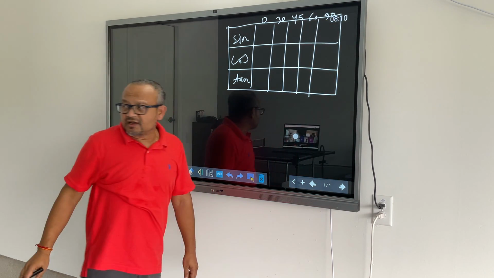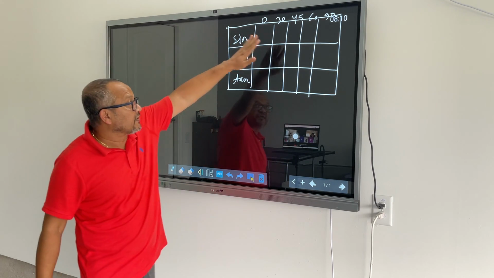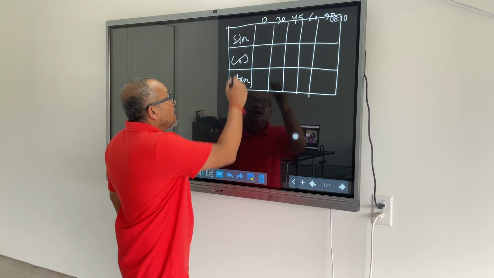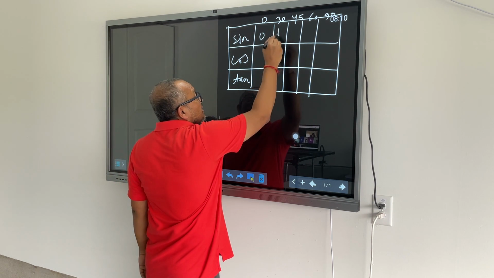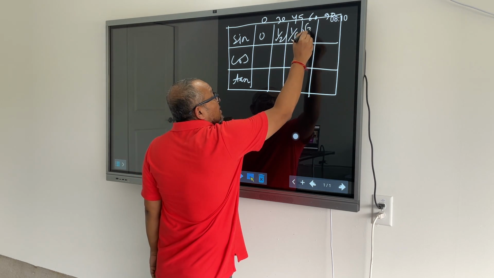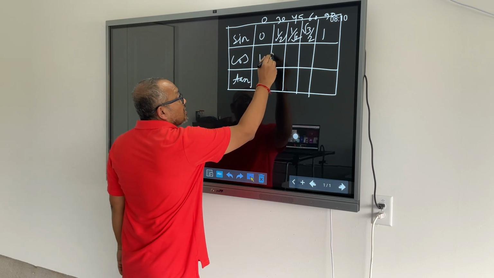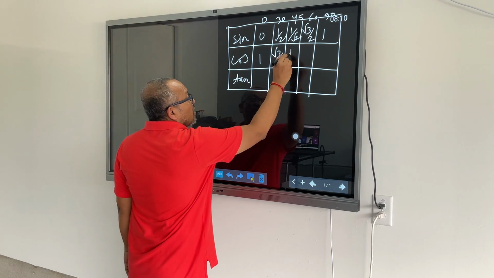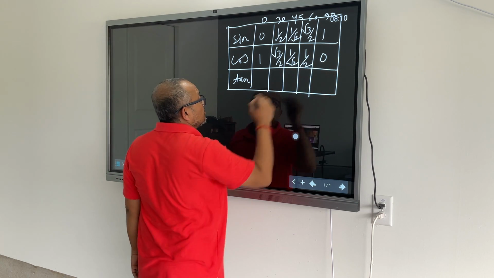If you guys vaguely remember, these are the most commonly used angles when we deal with trigonometry. Okay? So 0 degree, 30 degree, 45 degree, 60 degree, 90 degree. I am just putting down the values here so that we can refer to it. Sine: 0, 1 by 2, 1 by root 2, root 3 by 2, and 1. Cosine: 1, root 3 by 2, 1 by root 2, 1 by 2, and 0.